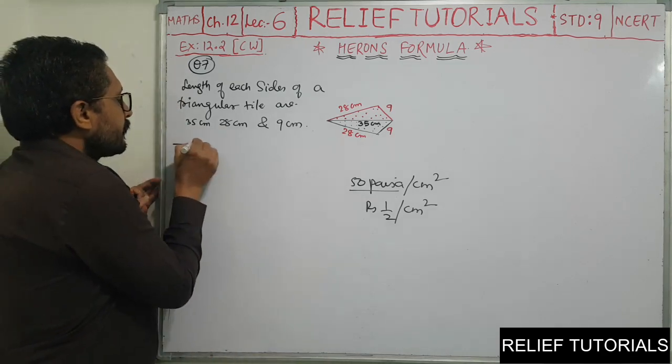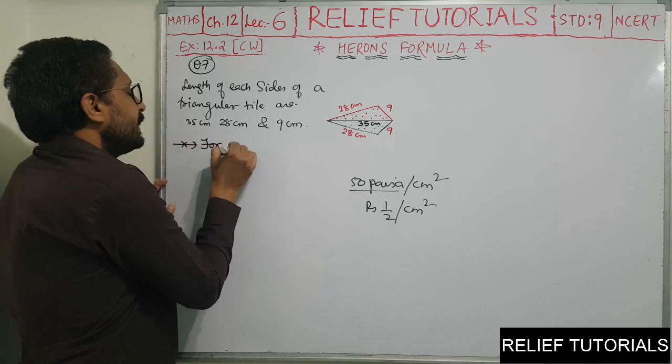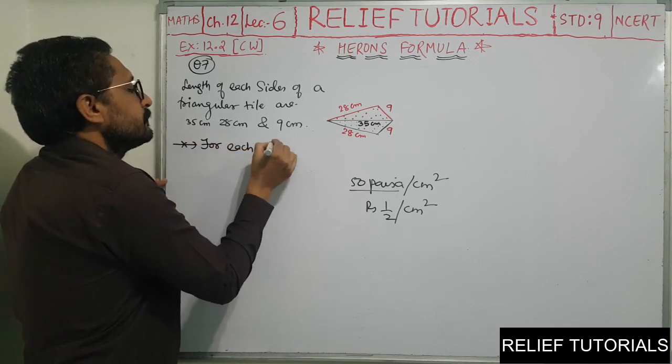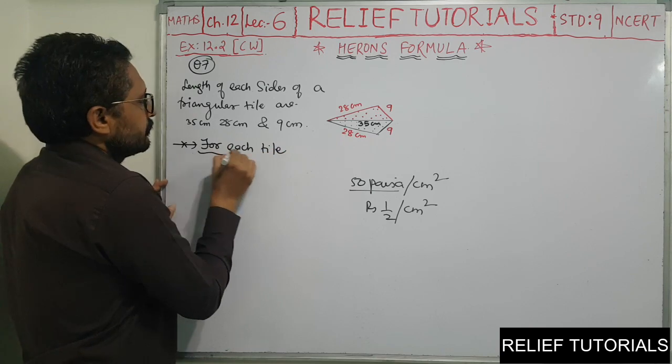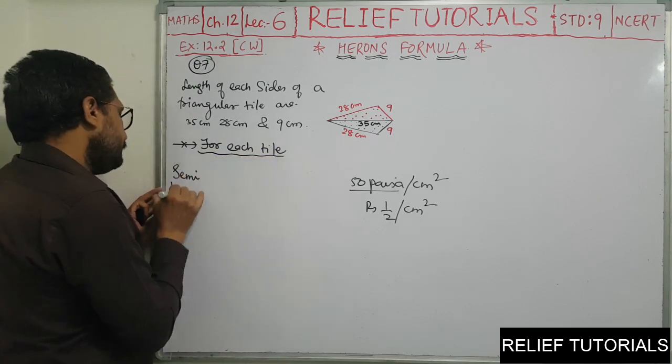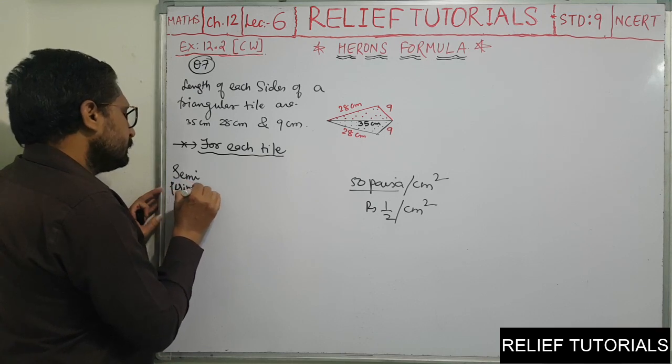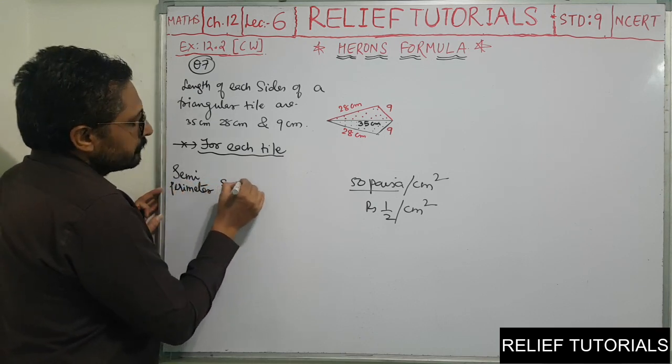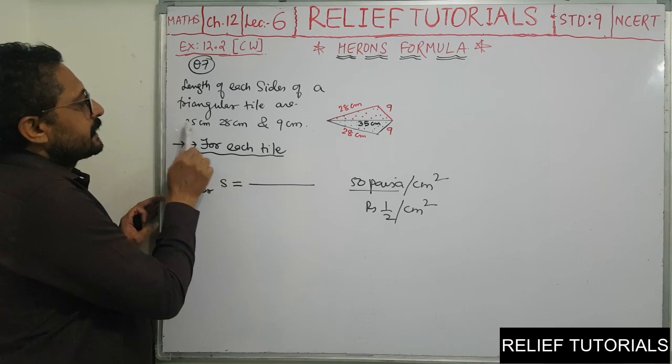So now for each tile, we will find the semi-perimeter. These are the lengths of the 3 sides.